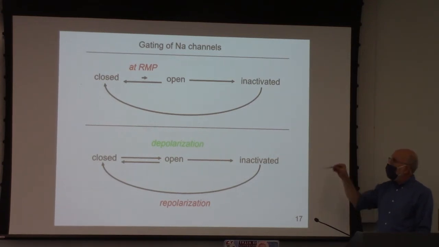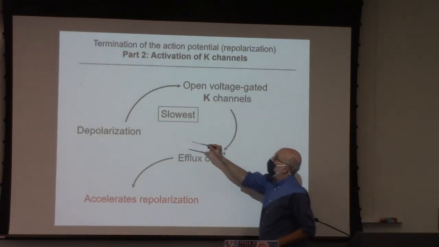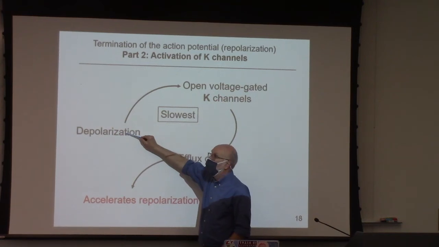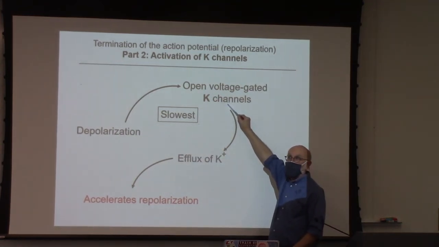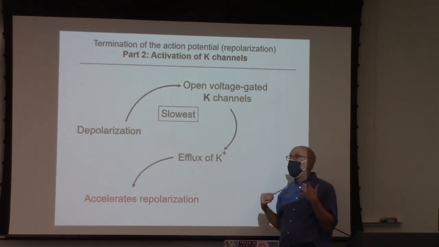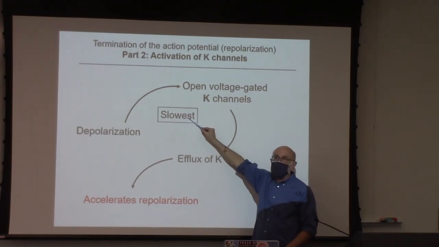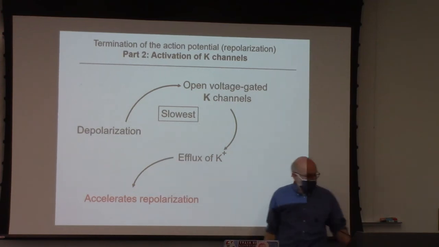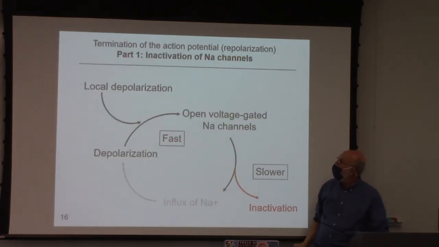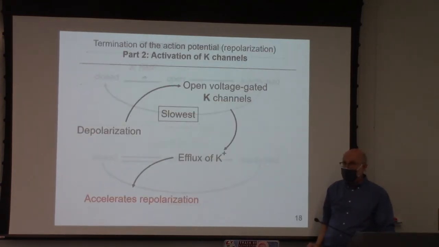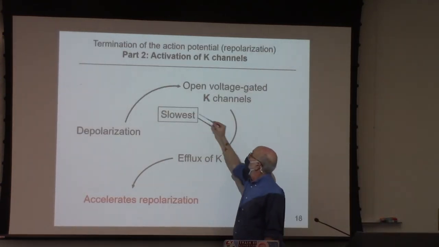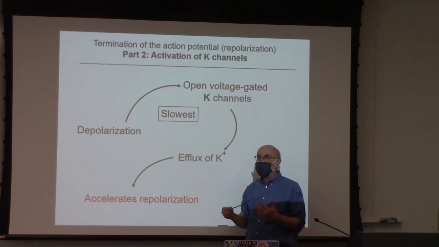In addition to this loop, depolarization also opens voltage-gated potassium channels, but they have an intrinsically slow kinetics. So the same depolarization that opened sodium channels opens potassium channels, but with slow kinetics.